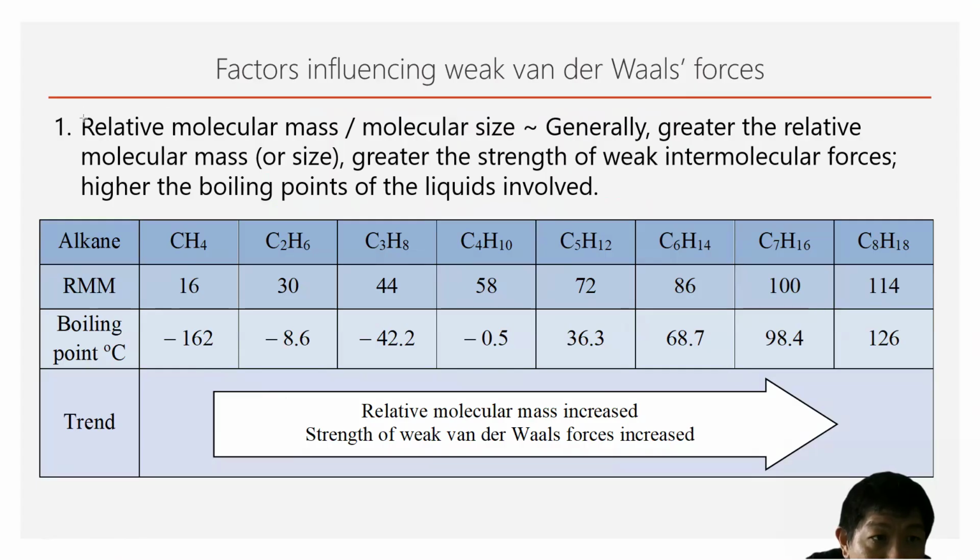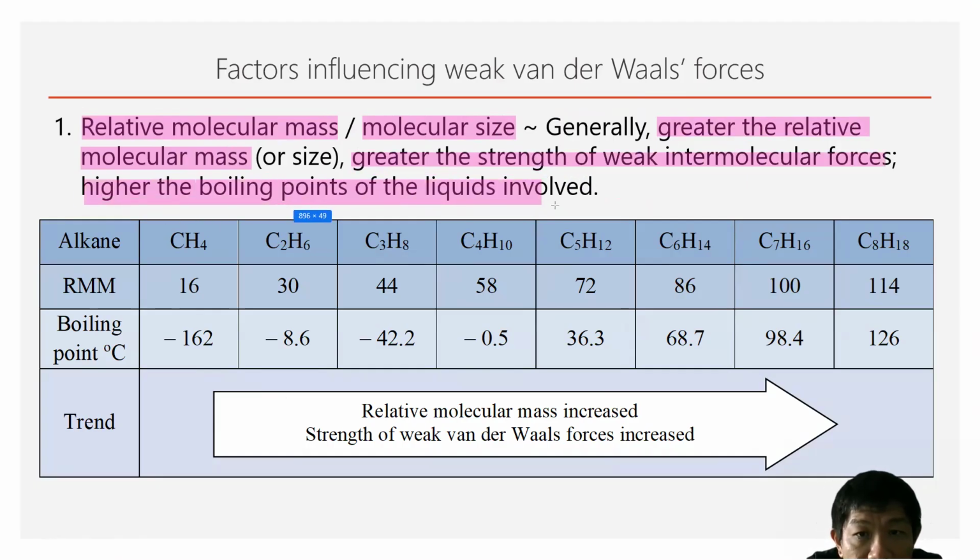Later we will discuss this as one of the major factors that influence the strength of the weak intermolecular forces. So now let's have a look at the factors influencing the weak van der Waals forces. We start from the first one, which is the relative molecular mass, or the molecular size of a covalently bonded molecule. In general, the greater the relative molecular mass, or the greater the molecular size, the greater the strength of the weak intermolecular forces, and the higher the boiling point of the liquid involved.